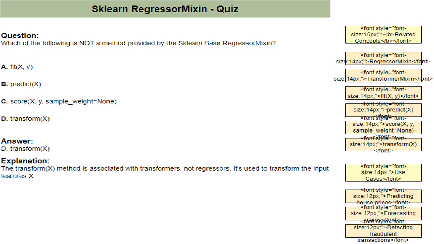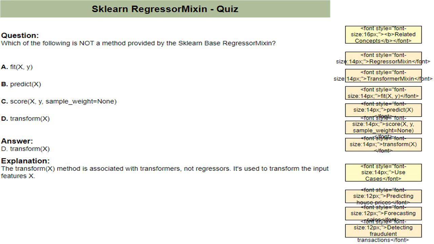Regressor mixin. In evaluating your house price prediction model's performance, you can use the score(X, y) method to calculate metrics like mean squared error or R squared. These metrics help you understand how well the model fits the data and its ability to predict house prices accurately.